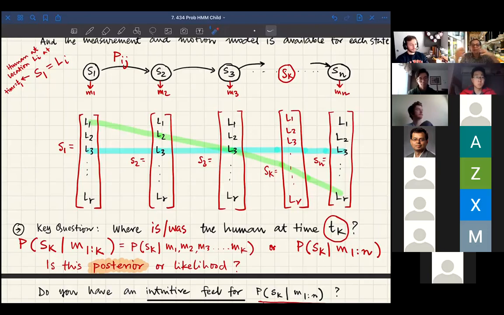Right? So we will now say, you know what? S1 equals L1 with high probability, which comes from the measurement. But it's also possible that there is also some probability associated to L2, L3, L4, L5, and so on. Right? So I'm starting to now think of S1 as a random variable, and my beliefs are distributed across the possible locations that that random variable can take.